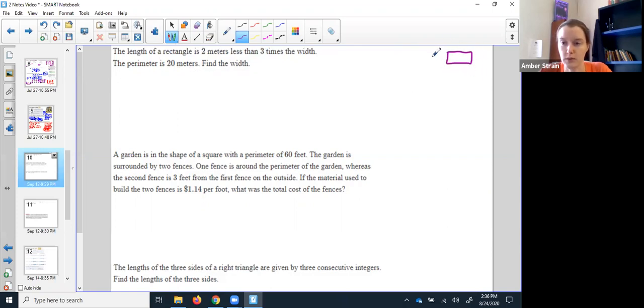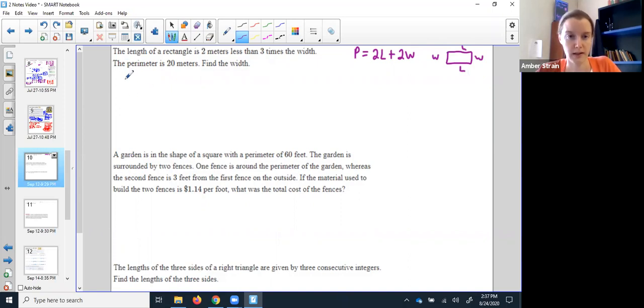So if I said that this was the width and this was the length, to find the total perimeter, I would need to add all 4 of those together, width plus width plus length plus length, which is generally written in the form 2 lengths and 2 widths. Because I would end up with 2 of each of them.